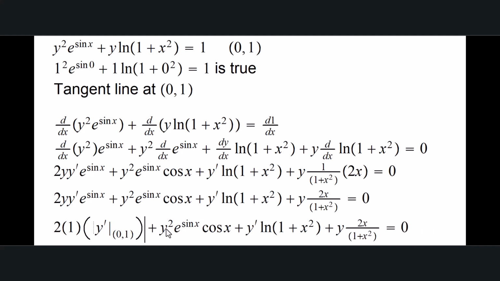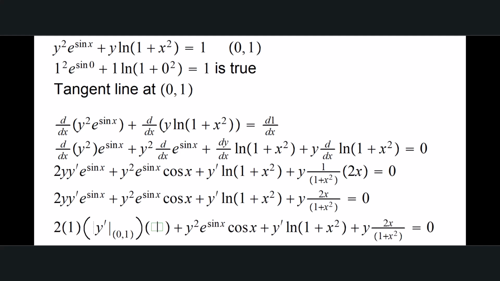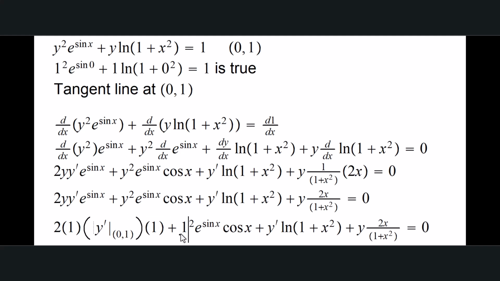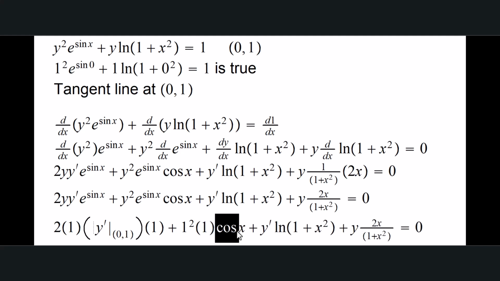That will also become how much? e to the 0, and that is a 1. Then again we have a 1 squared. e to the sine 0 will be 1 again. So this is a 1 again, and let me write this formally as 1 for a moment. Okay, and cosine of 0 is how much? That is a 1, okay?